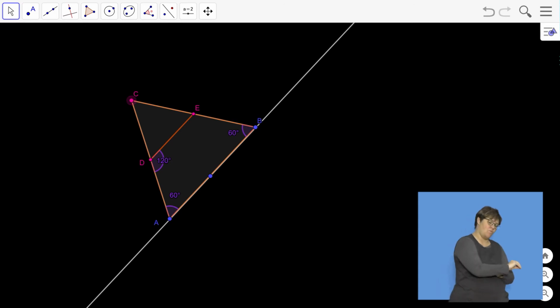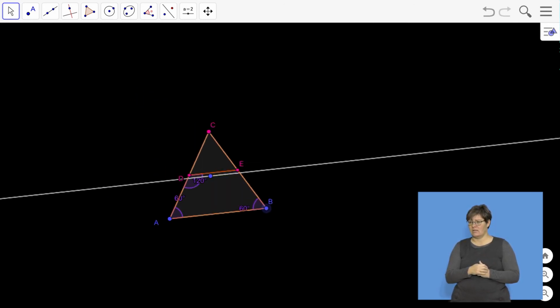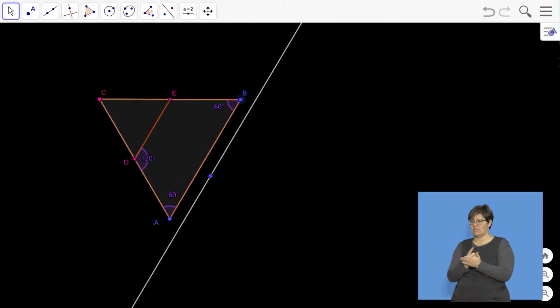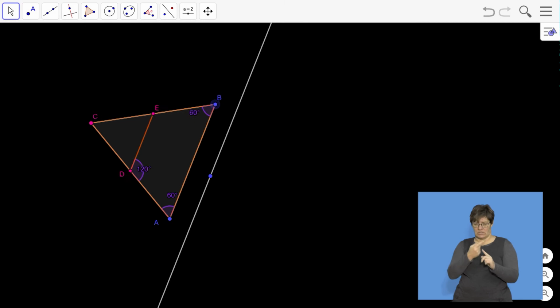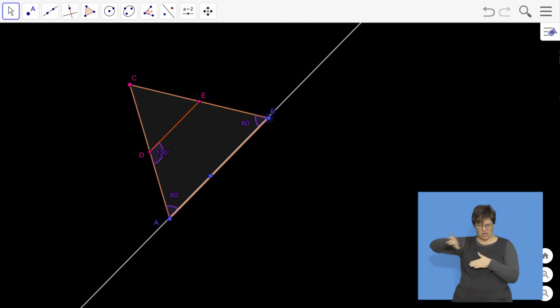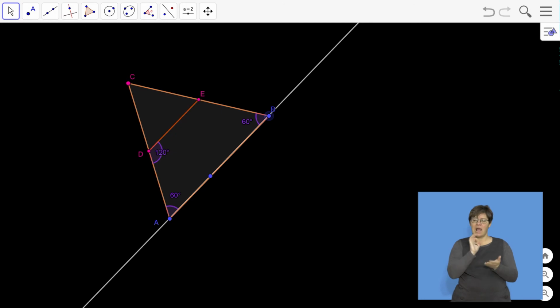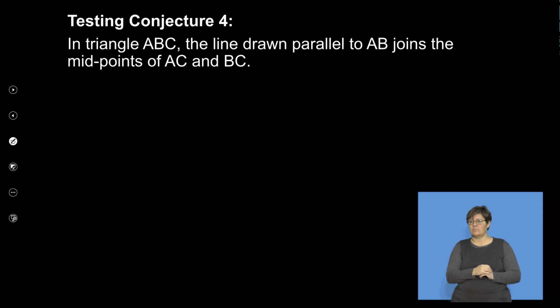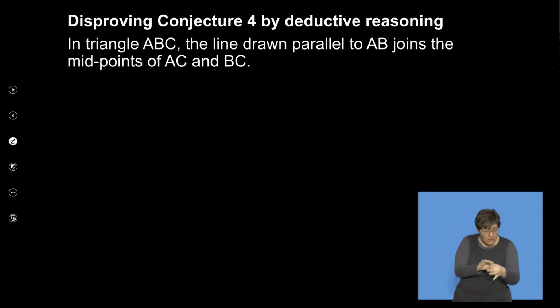At all times, it will always be the very same thing that we are trying to say here in this triangle, where if I move it like that, it will forever be when it is passing through the midpoint. That white line, don't worry much about it. I'm going to address it just now to show you exactly what that one is about. So you can see that with this particular conjecture that we have here, it's not always the case that any line drawn parallel to AB joins the midpoint of AC and BC.